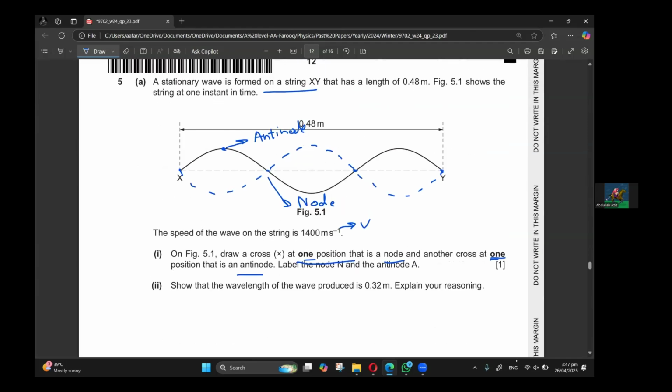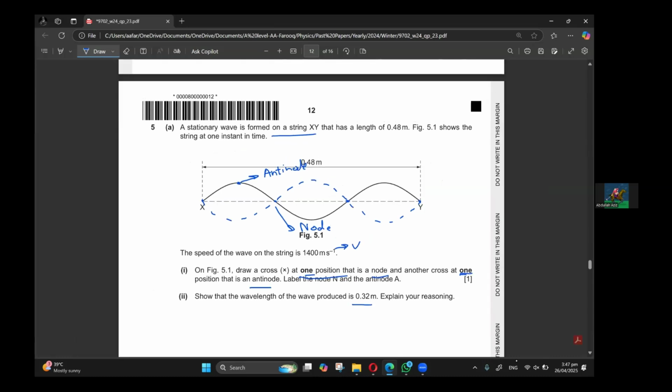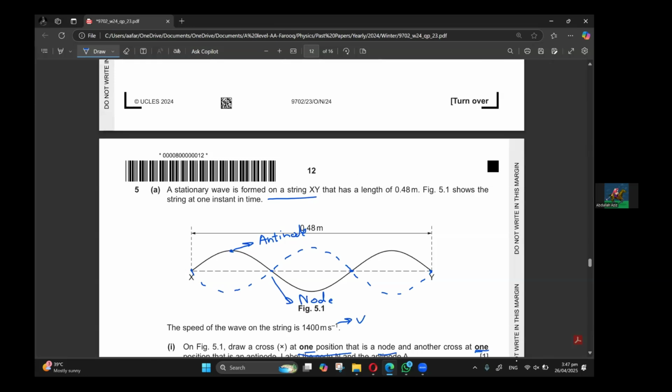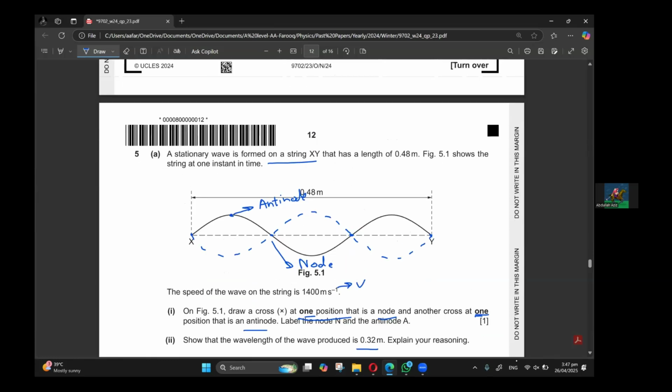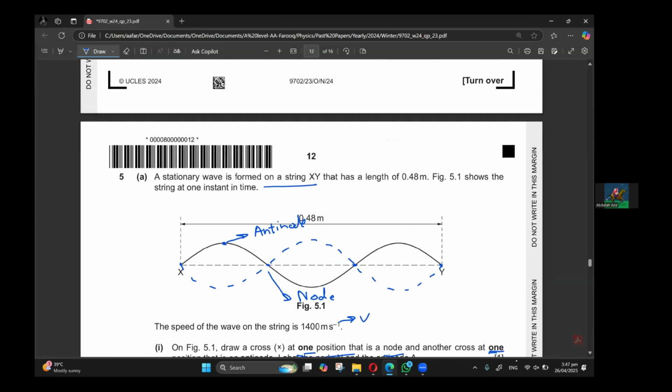Show that the wavelength of the wave produced is 0.32 meter. Okay, so the wavelength of a stationary wave is basically one whole cycle, like a normal wave.